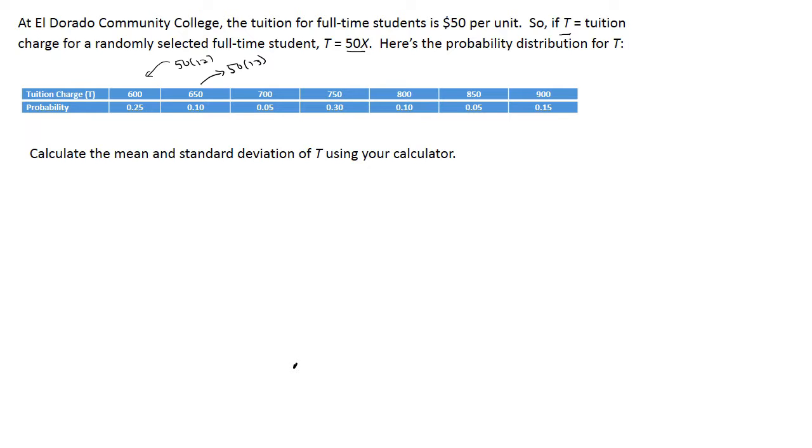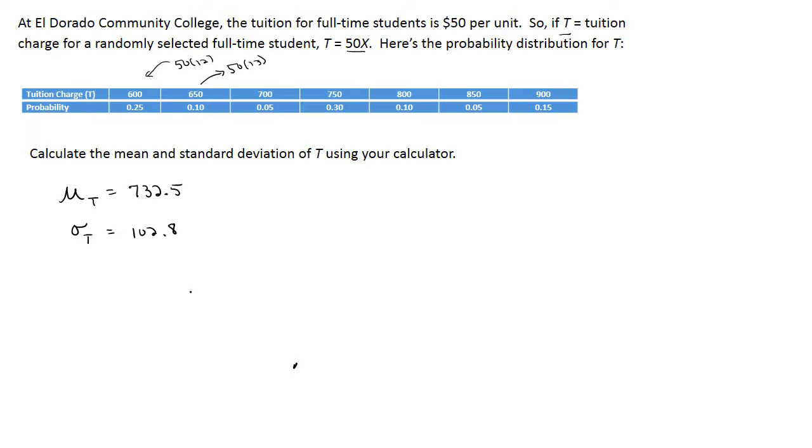It asks you again to use your calculator to find the mean and standard deviation of this new random variable. Again, you could pause your video and do this on your calculator now, but of course I've already done it. I got that mu of T is 732.5, and sigma of T is 102.8.